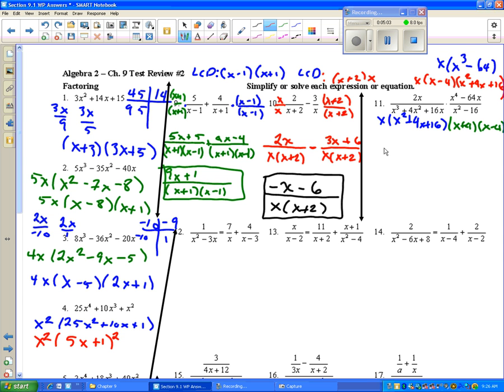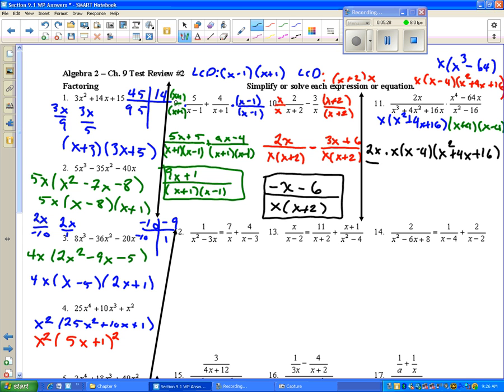So if I write all my factors out, I now have 2x from here times x times x minus 4, my difference of cubes, times x squared plus 4x plus 16.